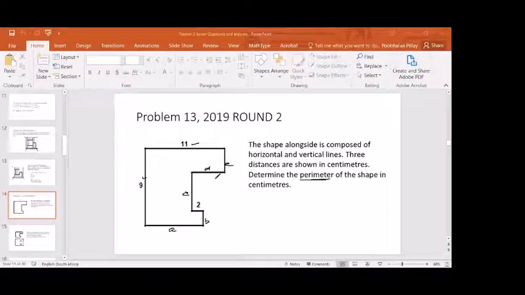But what we can see is that this whole thing is 9.